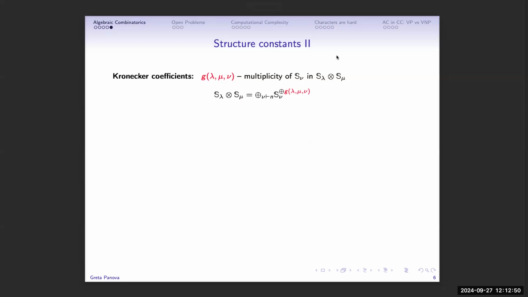So the next thing we can do is define the Kronecker coefficients in the same way. Take two irreducible representations of the symmetric group, take the tensor product, and decompose this into irreducible components for the symmetric group. Again, they're going to show up with some multiplicities. These are the Kronecker coefficients, g lambda mu nu, non-negative integers.